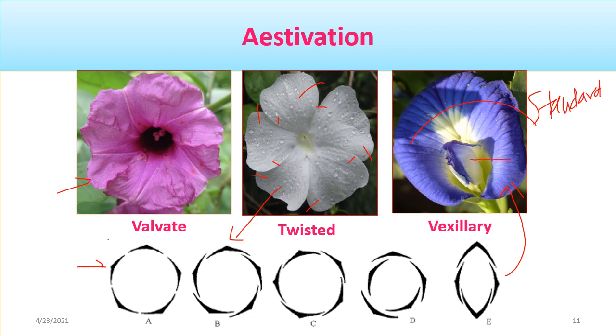Then these are wings, this is one and this is another, and here inside somewhere keels are there. These are actually fused together and very small, minute and tightly attached. That's why here we cannot see, but this part is actually the keels.